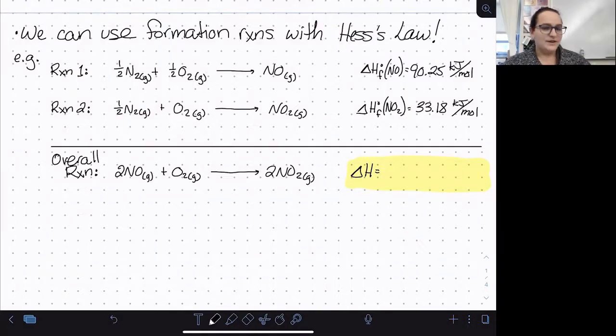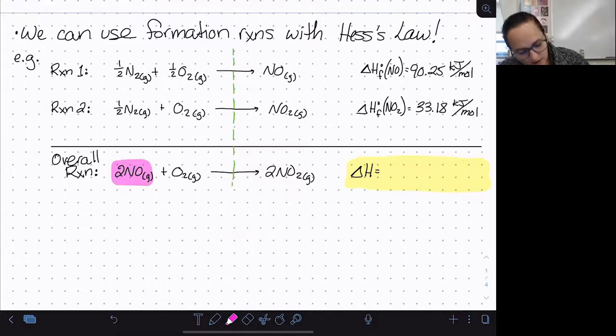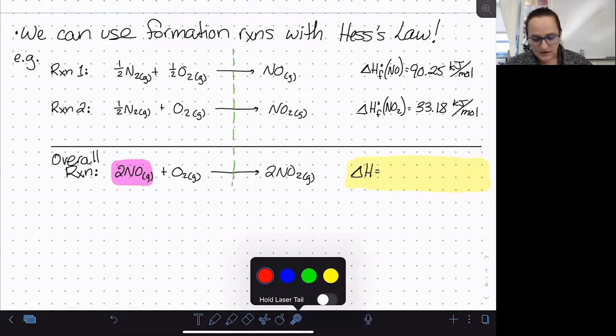So in solving this problem, we need to do the same kind of stuff we were doing last time, that we're going to put everything on the right side in the right quantity. So I want to think about what's on the left, what's on the right, what do I need to change? So in my overall reaction, I'm looking to have 2 moles of NO on the left side of my reaction.